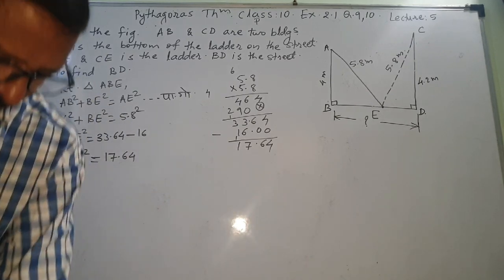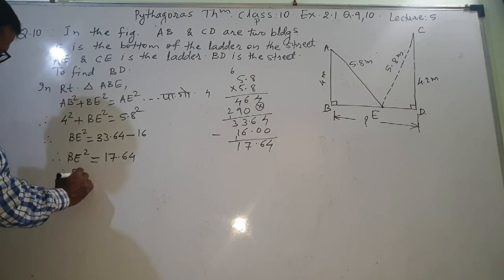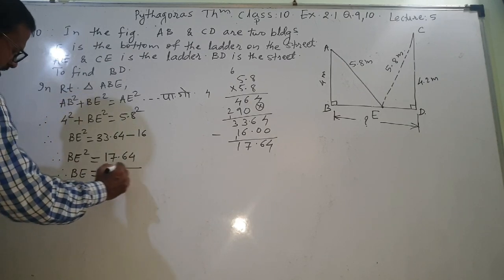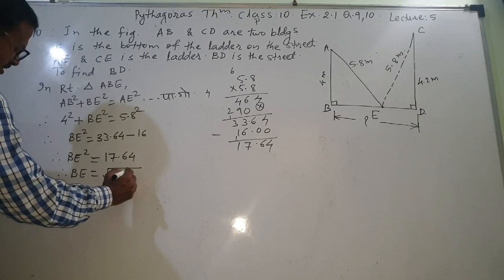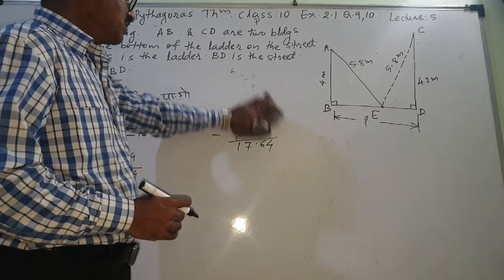Now I have to find BE. Therefore, BE equal to, I will write here under root of 17.64. How to find the square root of this? That is important now.